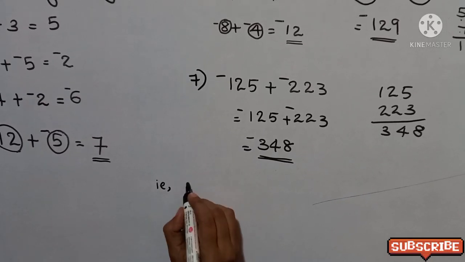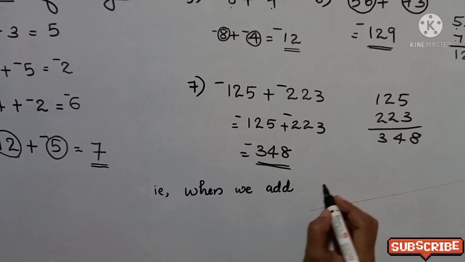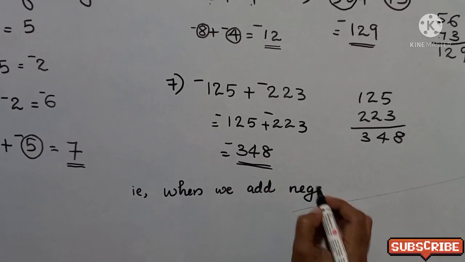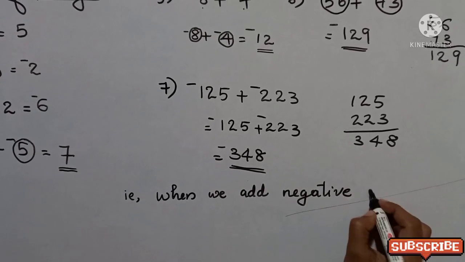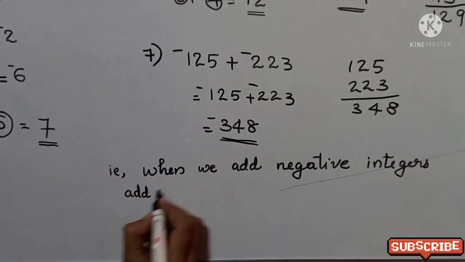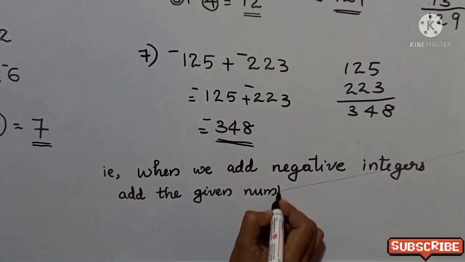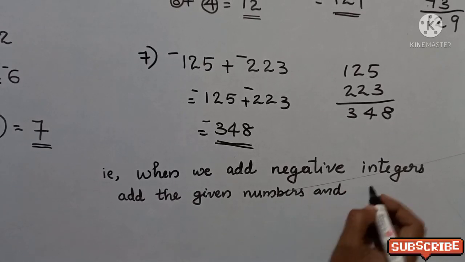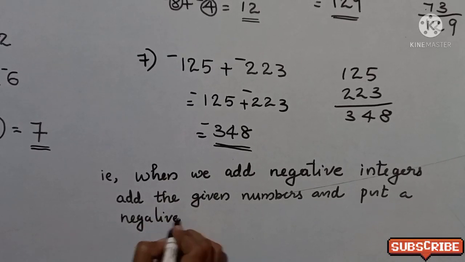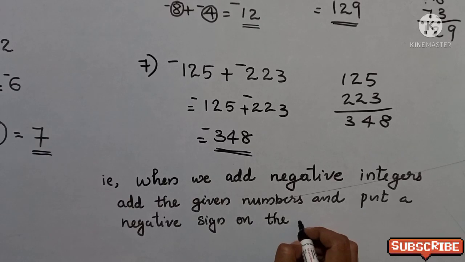That is, when we add negative integers, two or three or whatever it may be, only negative integers, add the given numbers and put a negative sign on top of the number.